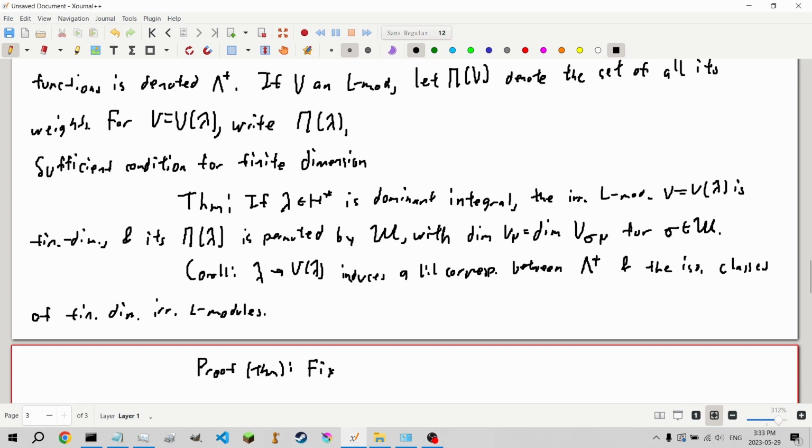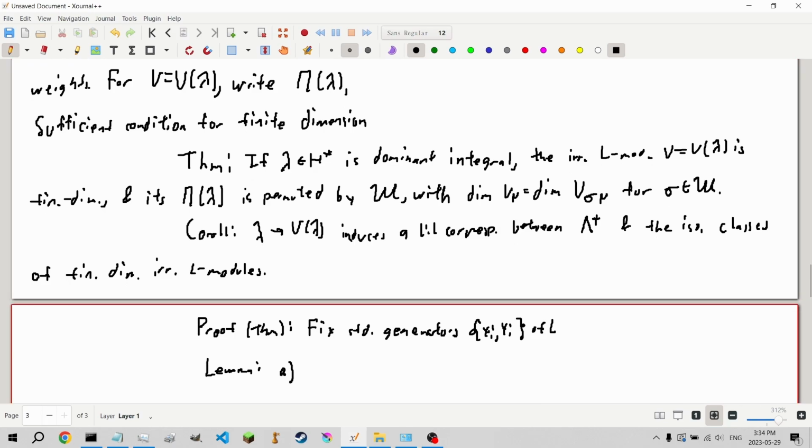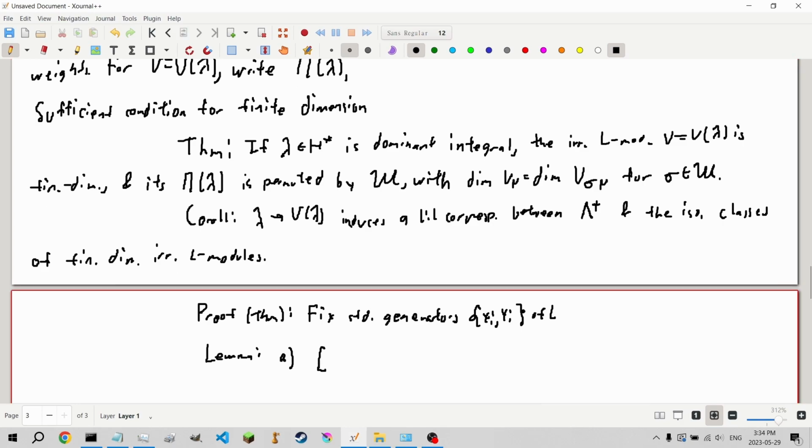So we're going to fix standard generators xi and yi of L. And then we're going to work on a lemma real quick. So first off, part A: the bracket, the commutator of xj with yi to the k plus 1, equals 0.